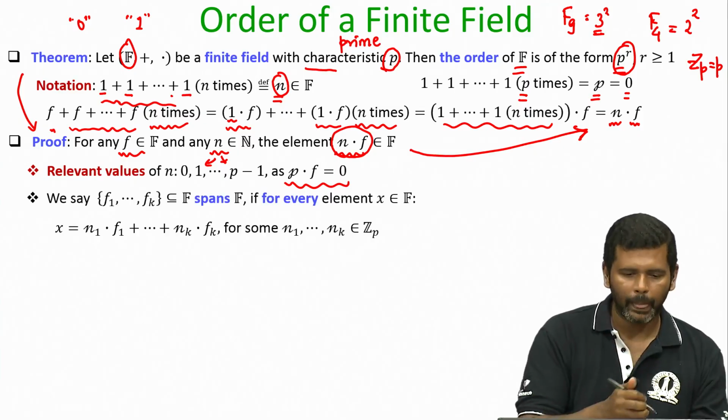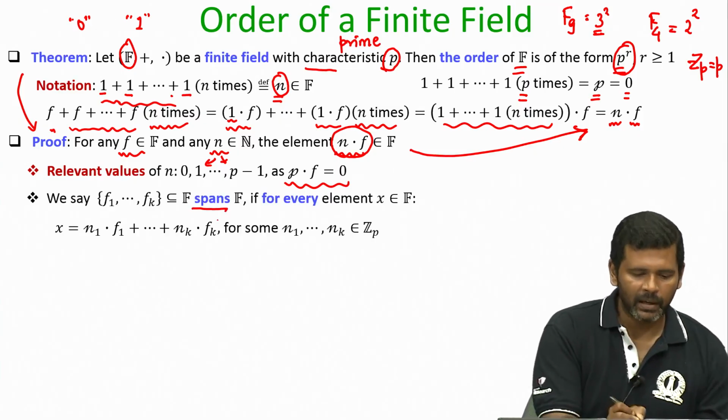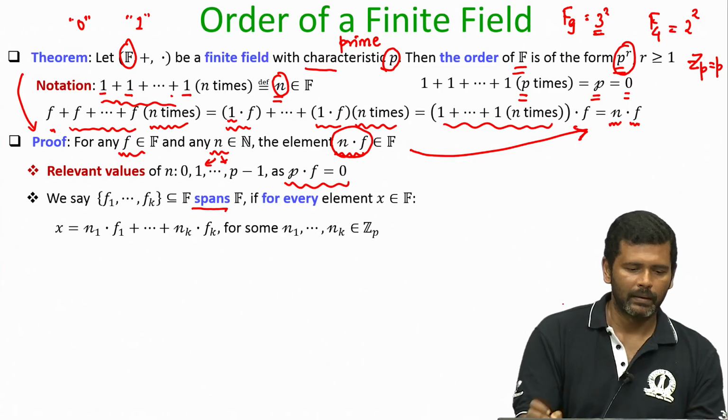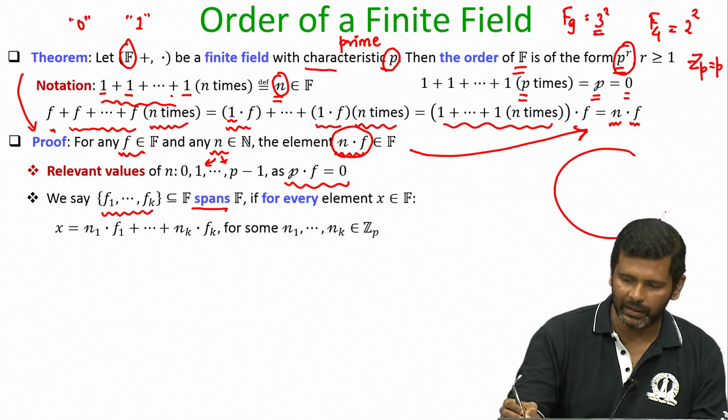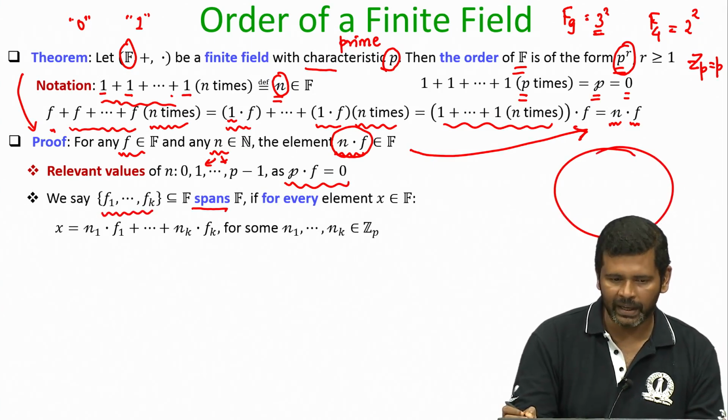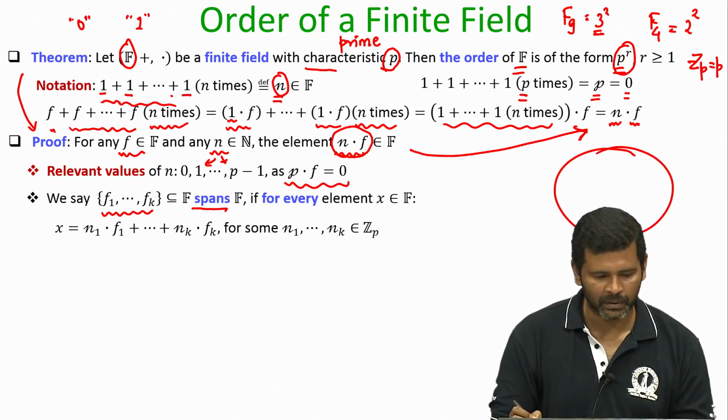Okay. Next, let me define what I call as the span of the field. So, a collection of k elements. Here is your field F, which is finite and which has some number of elements.